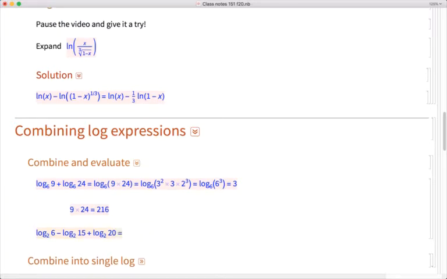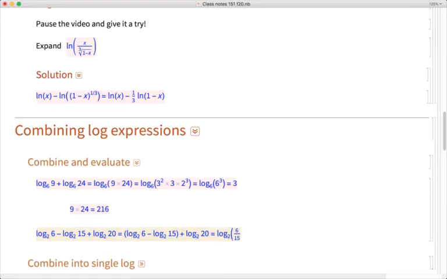Okay, so here we're going to, again, try to combine. Let's maybe group them. How should we group them? Let's deal with the first two and then the third one. So these first two, they're a difference, and so the second log rule will tell us that that's the log base 2 of 6 over 15.